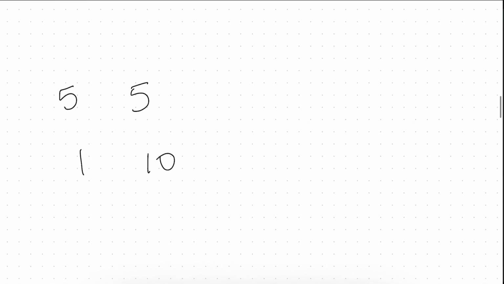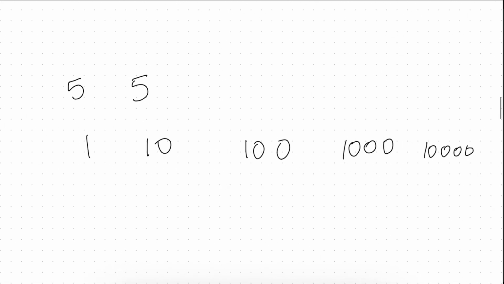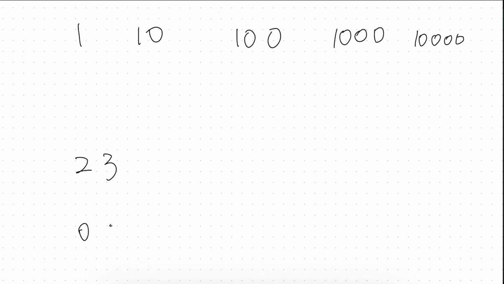So if I were just to write the sample input down: 1, 10, 100, 1000, 10,000. And let's write two ranges down here, 2, 3, and then 0 and 3.